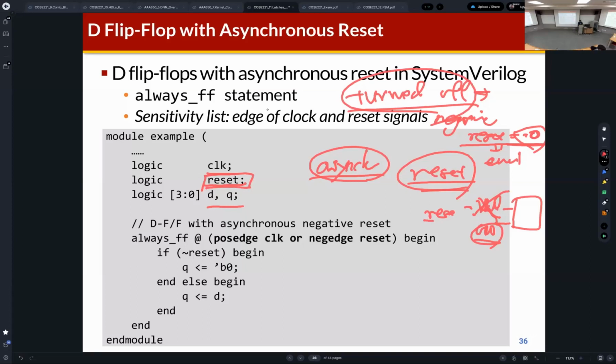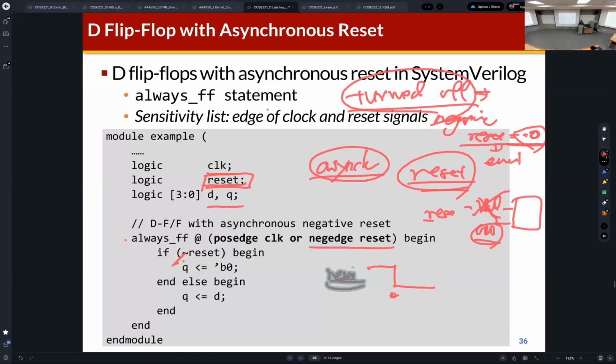So if the reset signal becomes 0 like this, then this always block is activated, and this statement is checked. Reset becomes 0 here, then we check the reset signal. If the reset is 0, then Q becomes 0, all zeros.